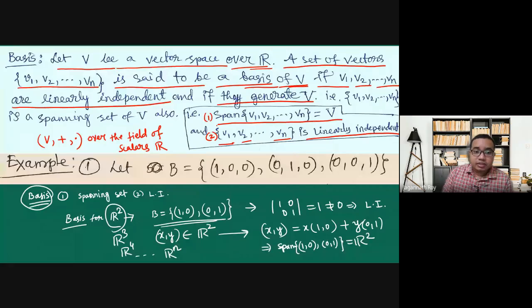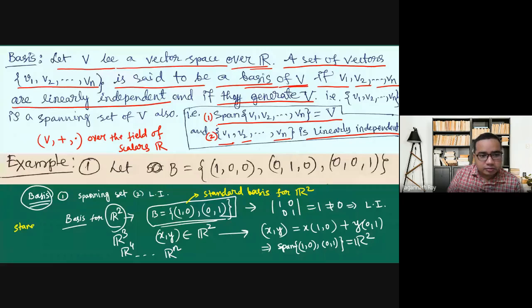Now, this particular basis is called the standard basis for R2. Then the standard basis for R3 is (1, 0, 0), (0, 1, 0), and (0, 0, 1).